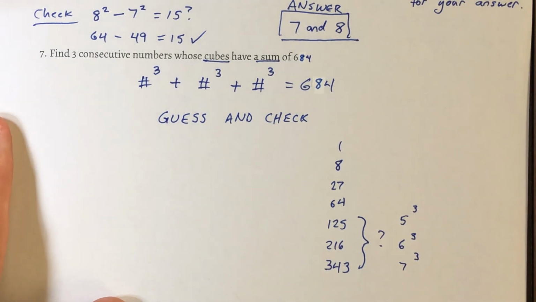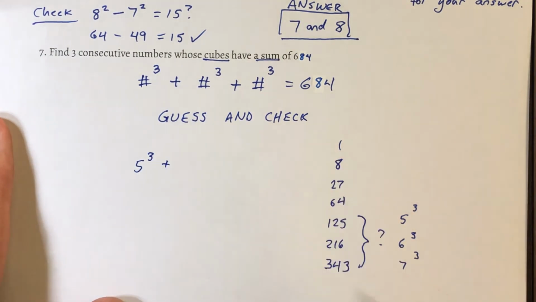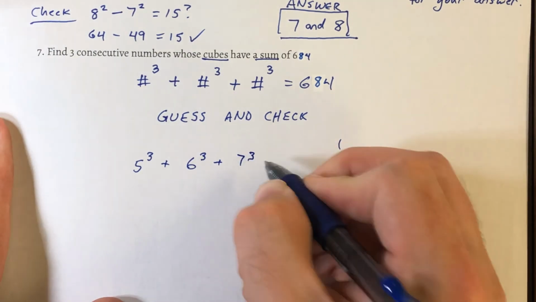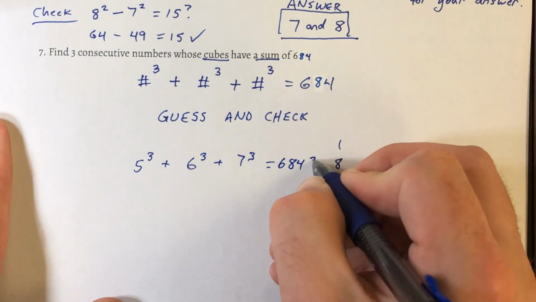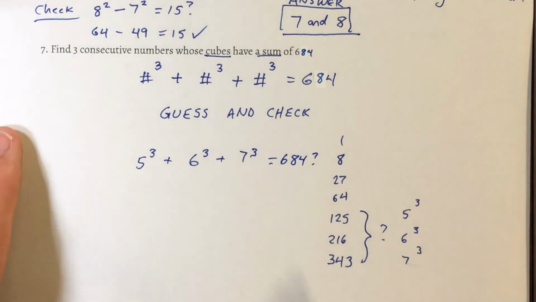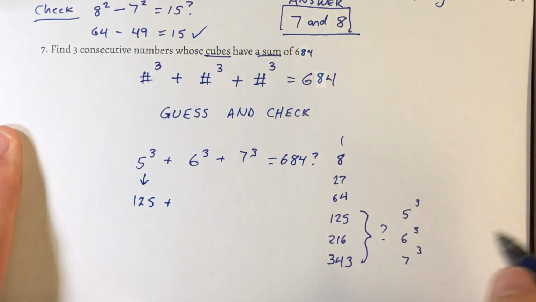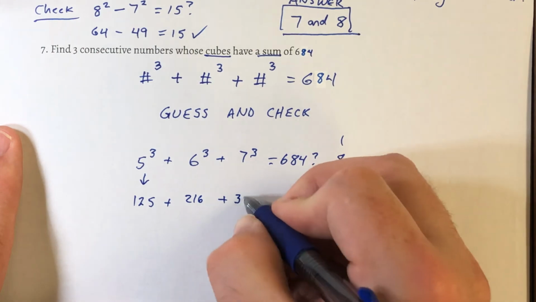So let's try those numbers. If I try 5 to the power of 3 plus 6 to the power of 3 plus 7 to the power of 3, I want to know, will I get 684? Well, let's see. 5 to the power of 3 is 125. 6 cubed is 216. 7 cubed is 343.